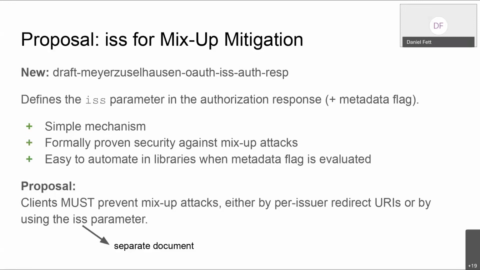So the client starts the interaction with attacker.com, retrieves the metadata document, and in the metadata document, the attacker, acting under the issuer attacker.com, would say, my authorization endpoint is honest.com/auth, and my token endpoint is attacker.com/token.